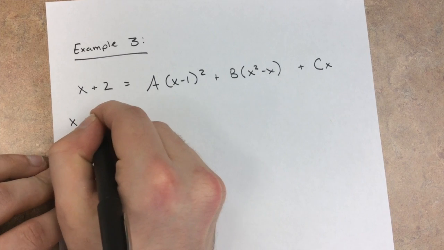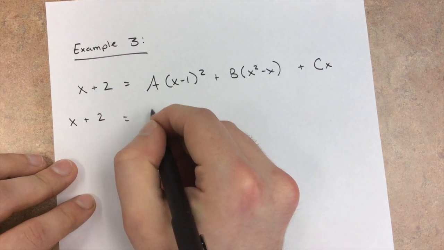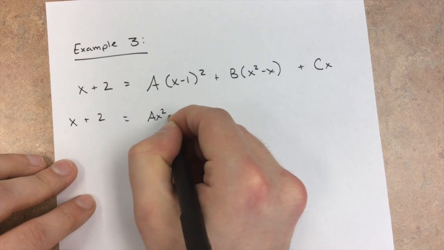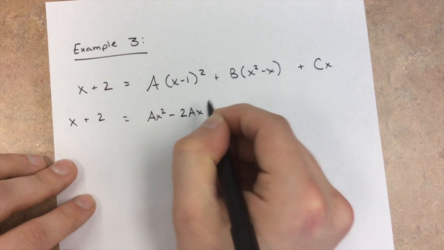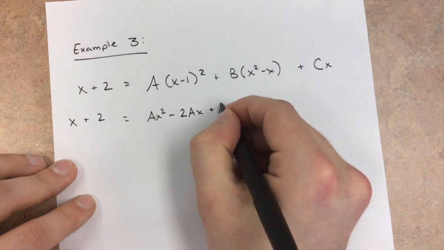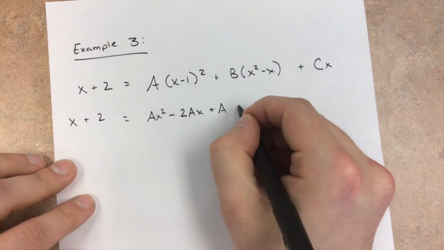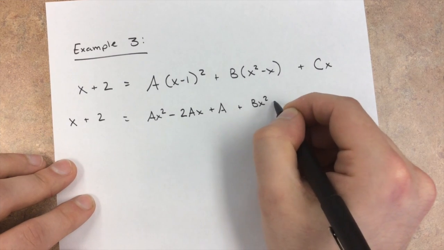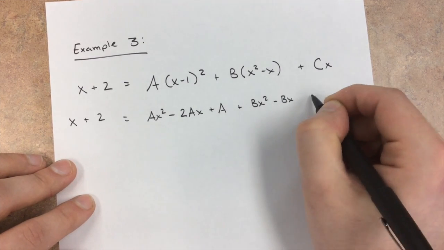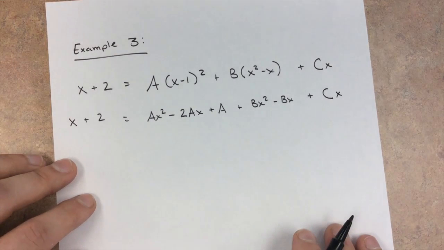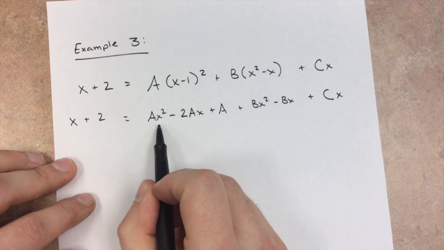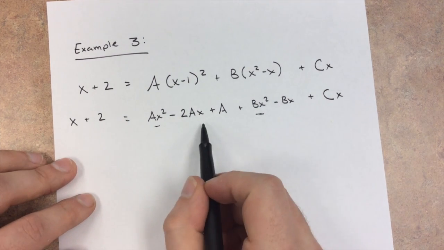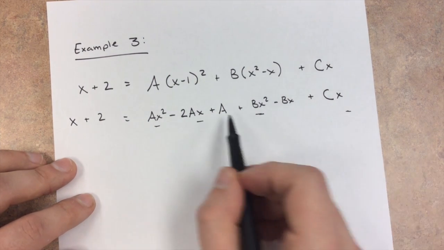So I have x plus 2 equals, this is ax squared minus 2ax plus a, that's that multiplied out, plus bx squared minus bx plus c of x. So now I have x squareds that I have to group together, I have x's, and I have just a number.